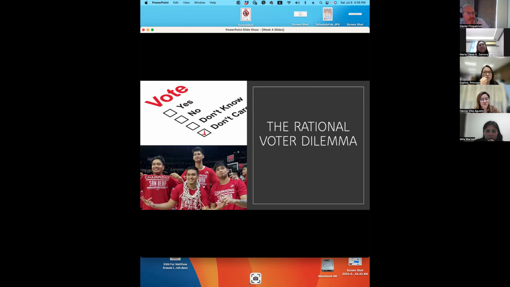In our case, there's no queue, or the lines were only in the first few hours after the opening of the voting centers. After that you can vote anytime before closing.